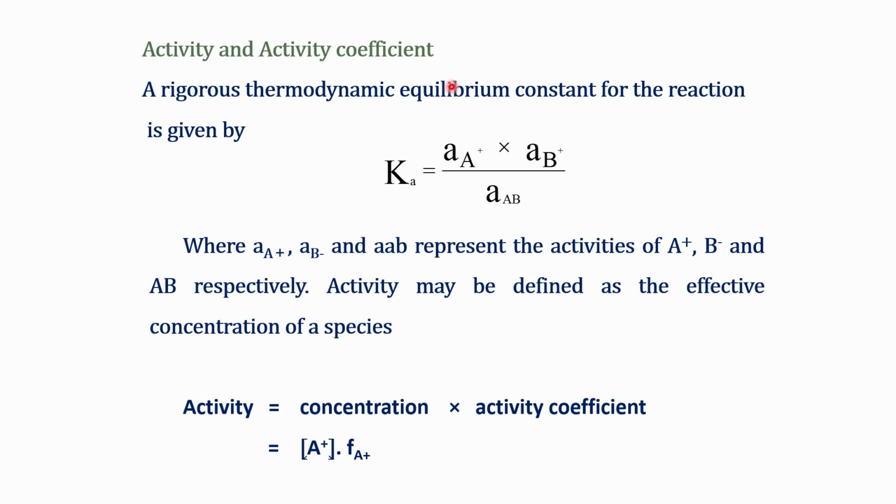A rigorous thermodynamic equilibrium constant of the reaction tells us that the concentrations are not exactly the same as what it should have been. For example, I can write an equation something like this: Ka = a(A-) a(B+) / a(AB).